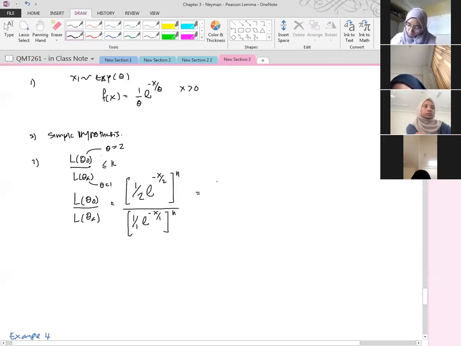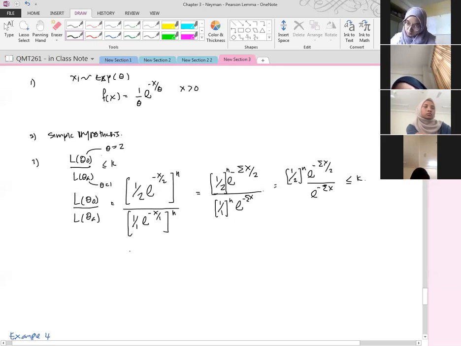So it becomes 1 over 2 power of n, exponential negative summation of x divided by 2, divided by exponential negative summation of x, less than or equal to k, right?